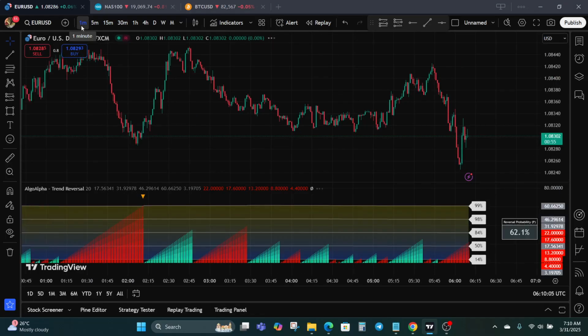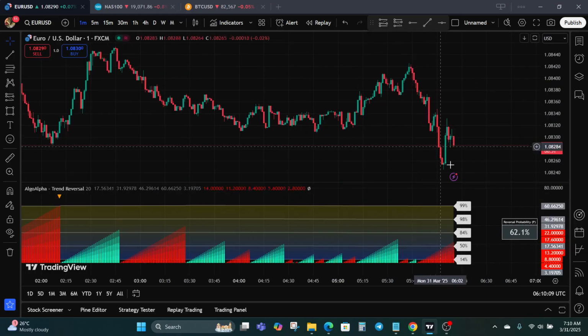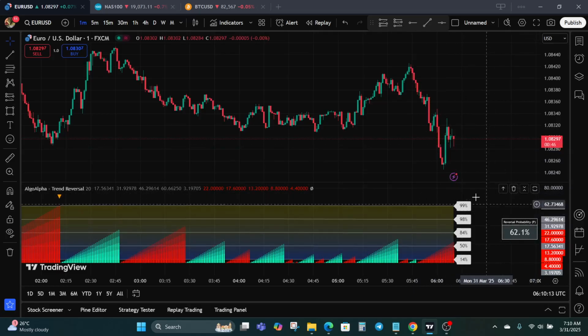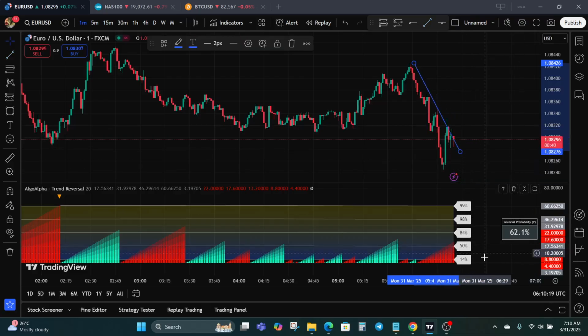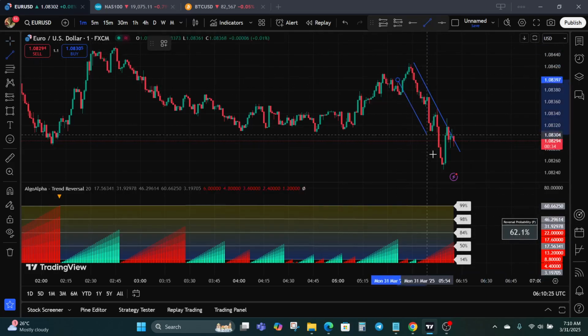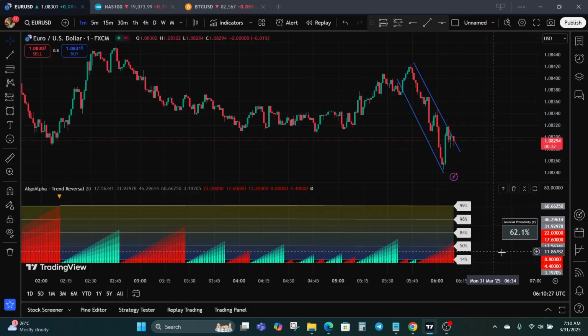Now you can see that on the 1 minute time frame, the probability for a bearish reversal is on the high side. In fact, the bearish reversal had already started. It's 62.1%. You can see it's above the 50% level, and you can see that the reversal had already started. So this indicator gives you predictions about reversals. Very interesting indicator.